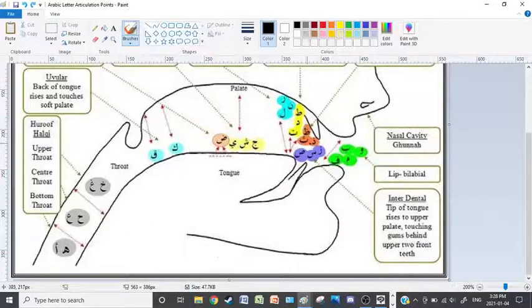Then we have law. Sorry, I thought we were at this. This is the te, and when you pronounce T or te, you will feel that the tip of your tongue is touching your palate just behind your upper teeth. Then we have del, the letter del, which is the D sound.